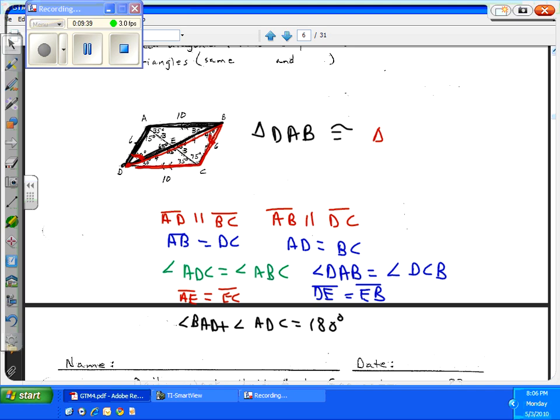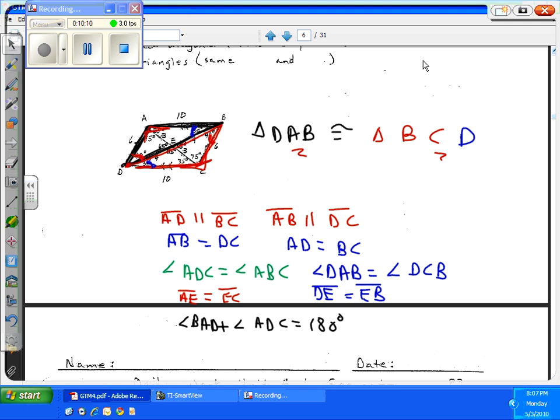Angle D is actually the same measure as the B over here, so the B would have to go first. And A is the same as C over here, so the C would have to go in the middle since it corresponds to that A. And then the B of this triangle corresponds to the D of that triangle. And so there's the pair of congruent triangles.